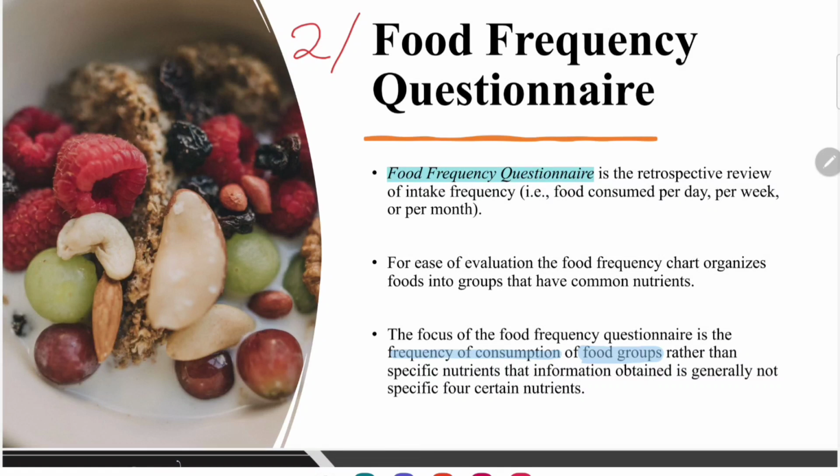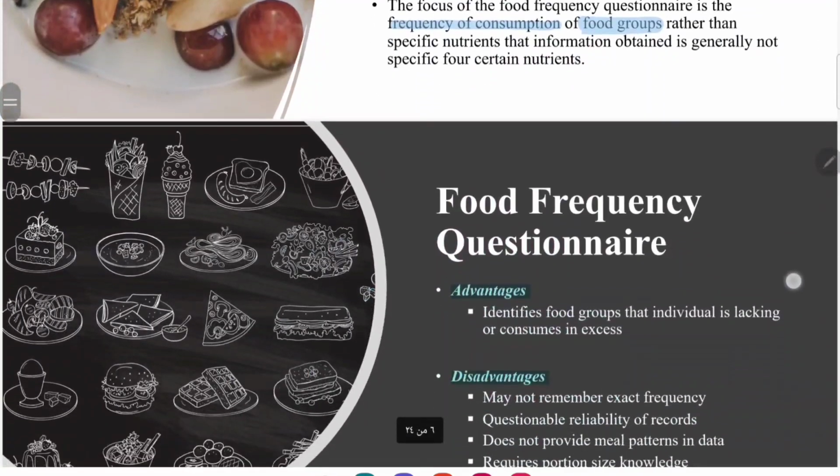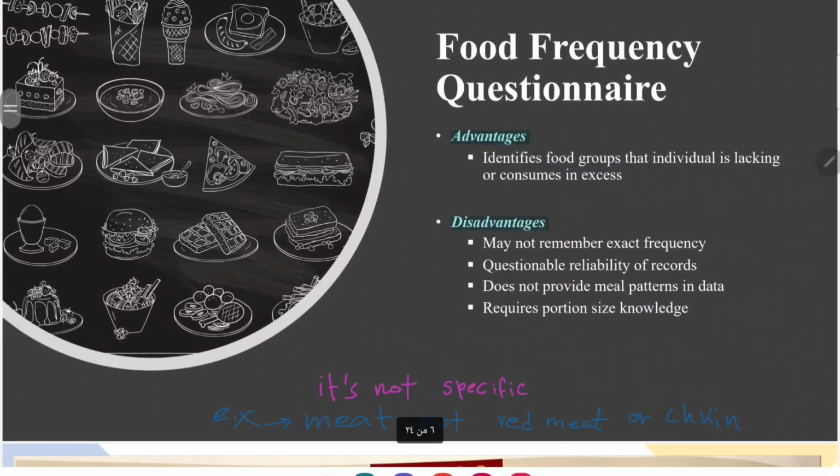هنا راح يكون الفريكونسي كم مرة الشخص أكل مثلا الكاربس، كم مرة أكل البروتين or fat. هنا راح يكون rather than specific nutrients that information obtained generally not specific for certain nutrients. This is one of the disadvantages for this type.